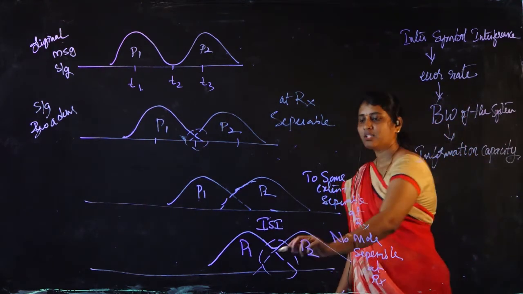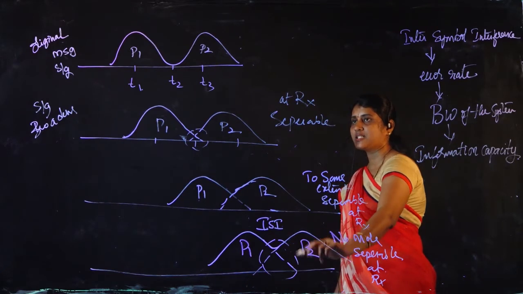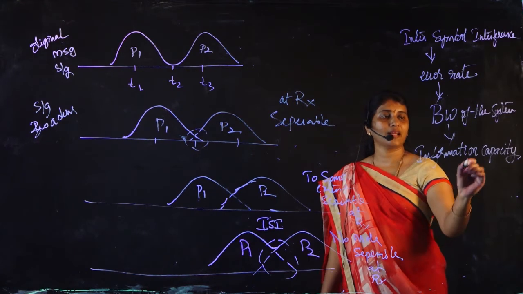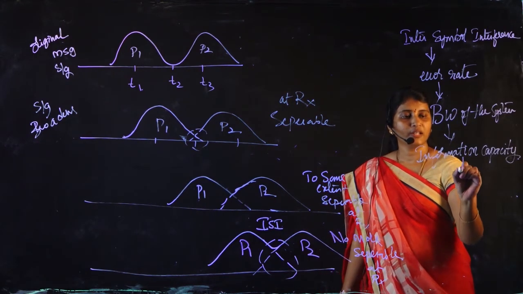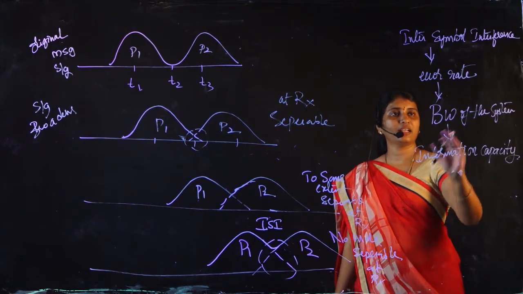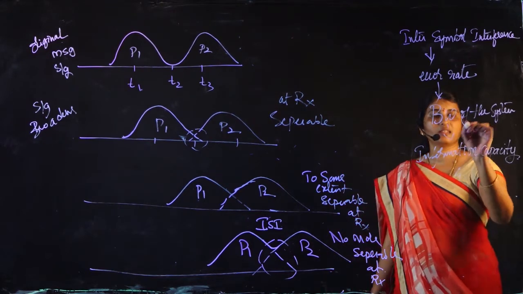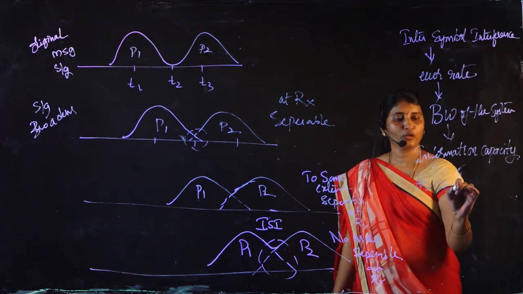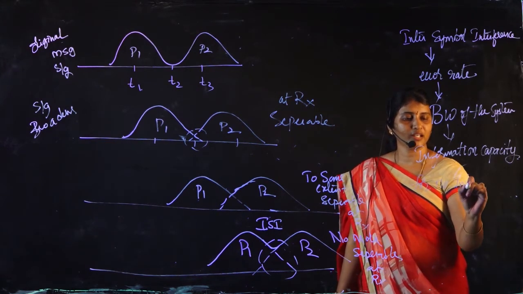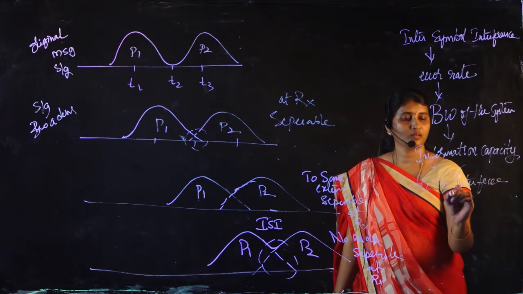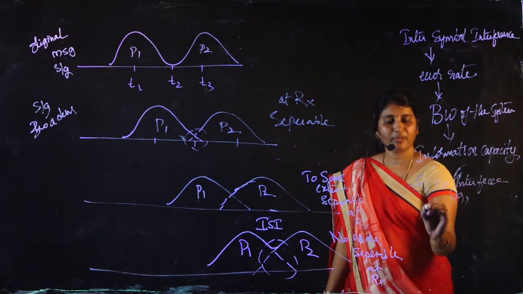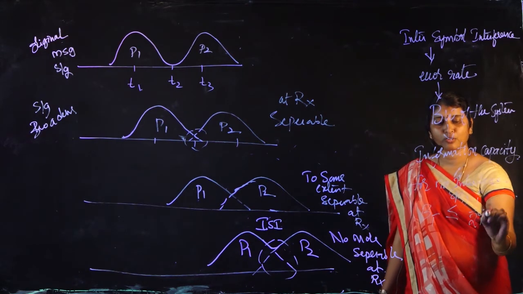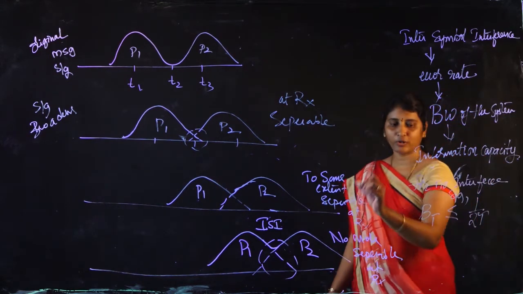So this pulse broadening, which we are calling dispersion, is leading to information carrying capacity degradation, and its bandwidth is getting reduced. For a no-interference signal, the bit rate Bt must always be less than or equal to 1 by 2 tau, where tau is the pulse duration.